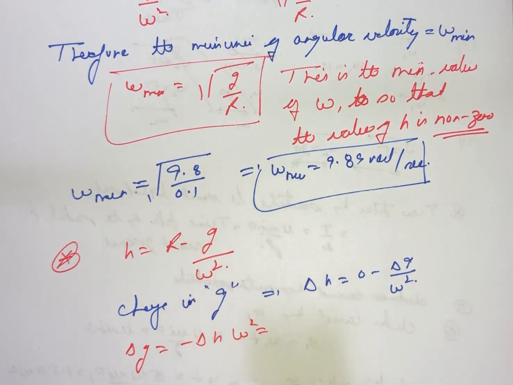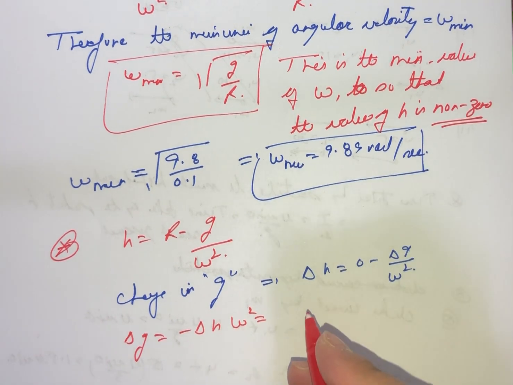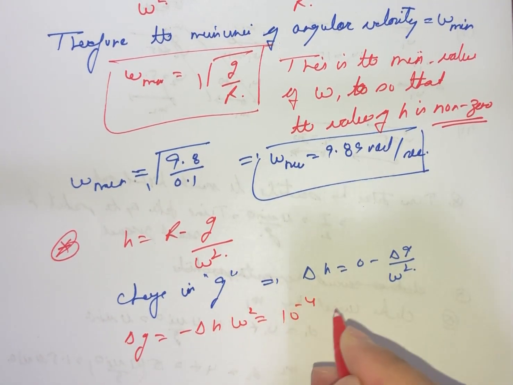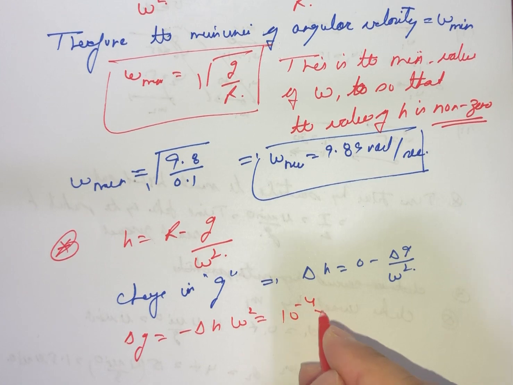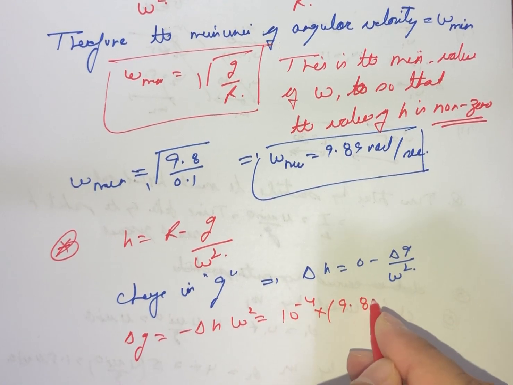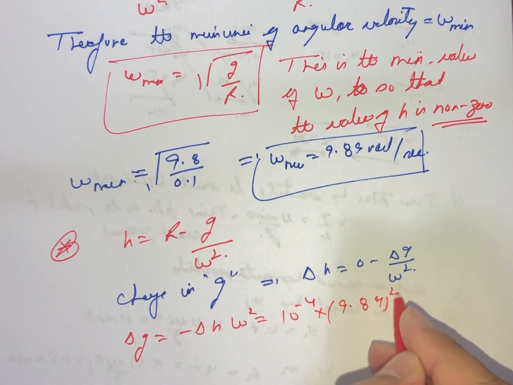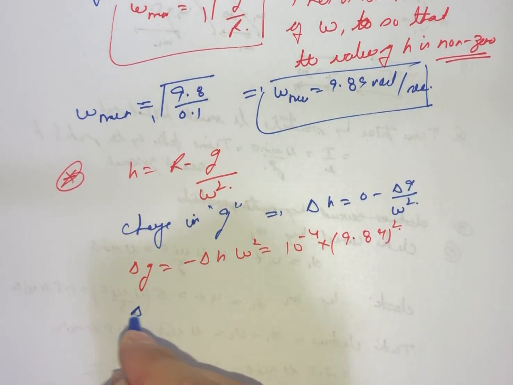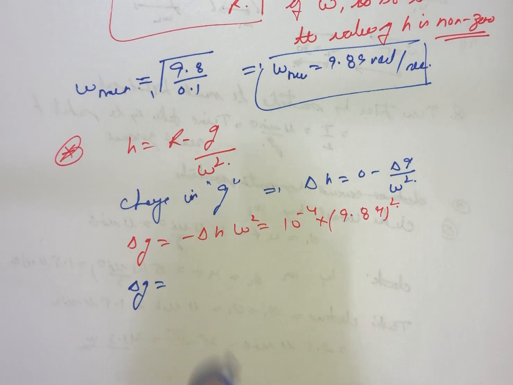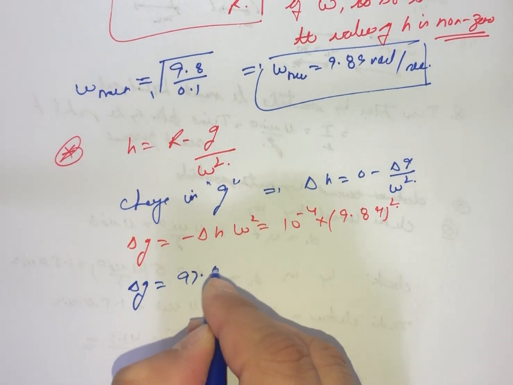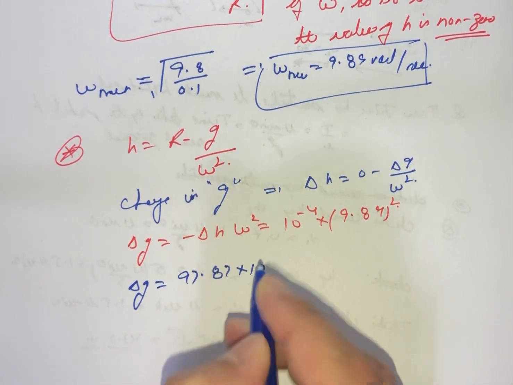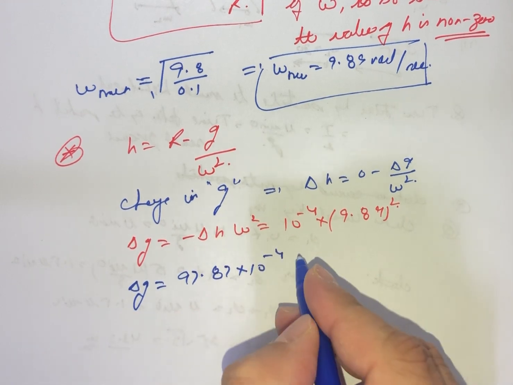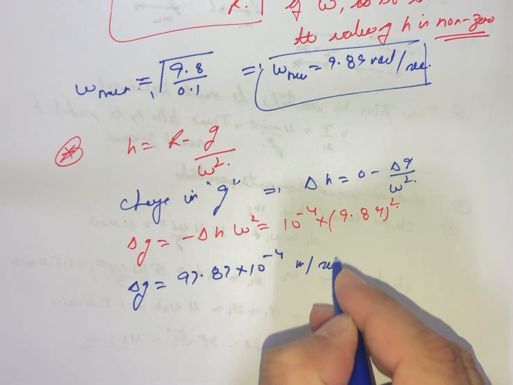The least count is given as 10 raised to minus 4, so 10 to the minus 4 into 9.8 and 9 square. We get delta g is equal to 97.87 into 10 raised to power minus 4 meter per second square.